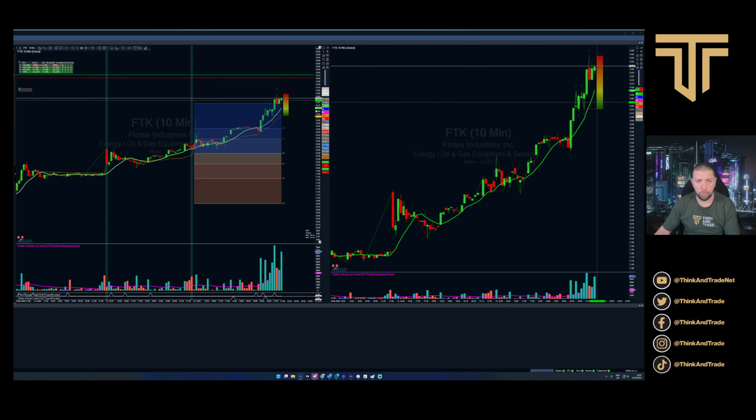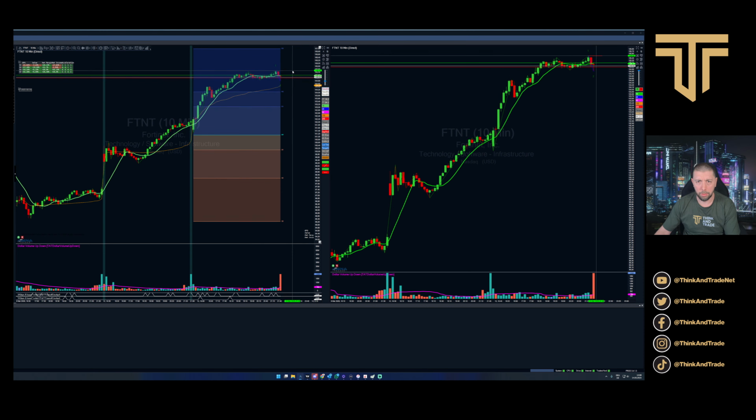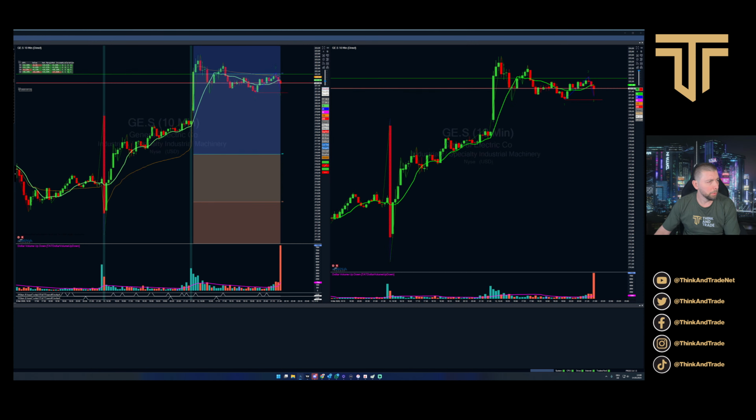Yeah, this is going to open with a gap up. I'm going to mark this stock just to ensure that I'm going to watch it in the open. Wow, this is a huge spread.